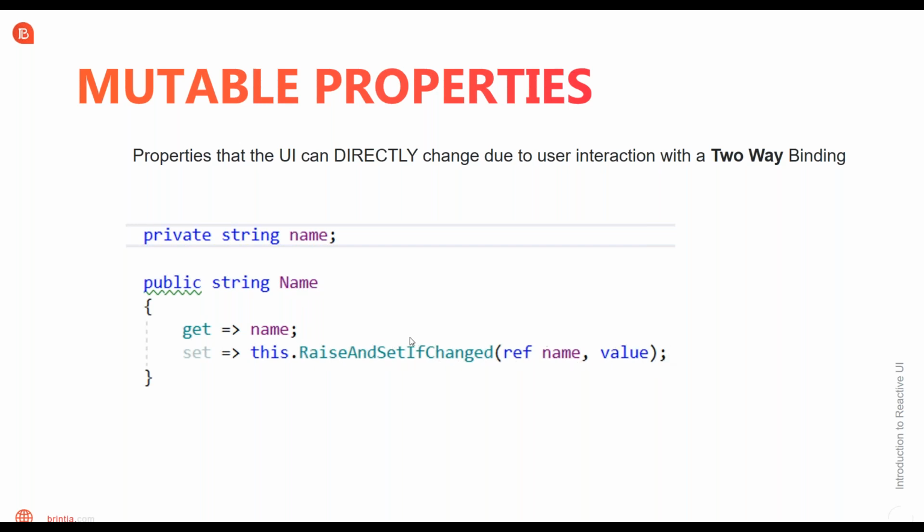The usual mechanism is encapsulated in this call. So every time you invoke this, the name property will be signaled. And well, nothing much to explain because this is a plain and simple property. The only difference is the call RaiseAndSetIfChanged.